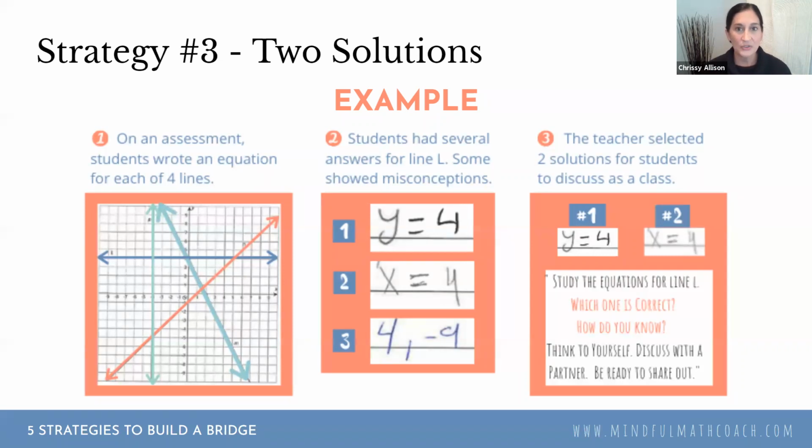And they were trying to write the equation for line L, which is the purple line that you see going completely horizontal. So what we did is we just picked 2 of the answers, put them back in front of students and asked them to think about and discuss which one is correct and how do you know? And this helps students get clearer about how do you write the equation for a horizontal line.